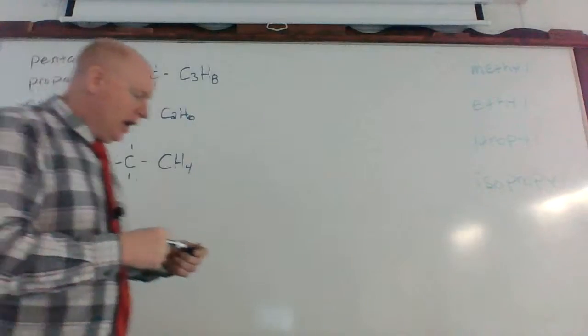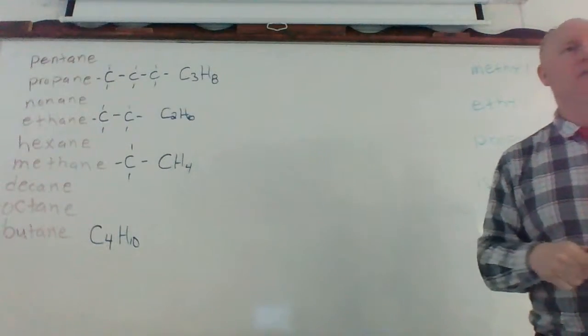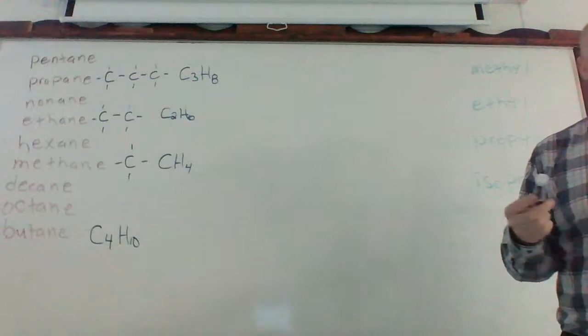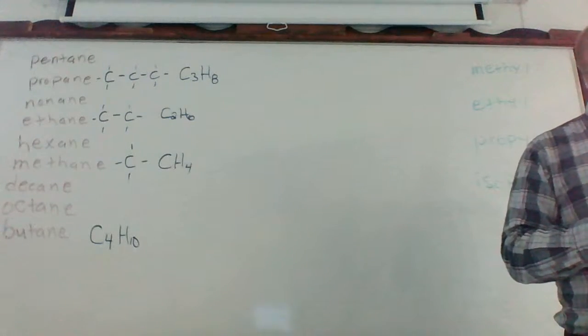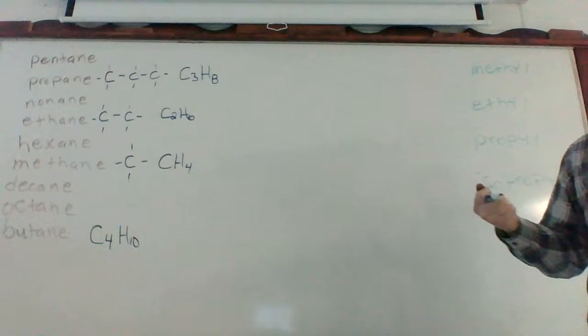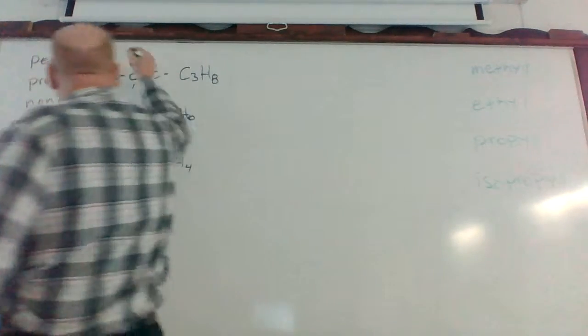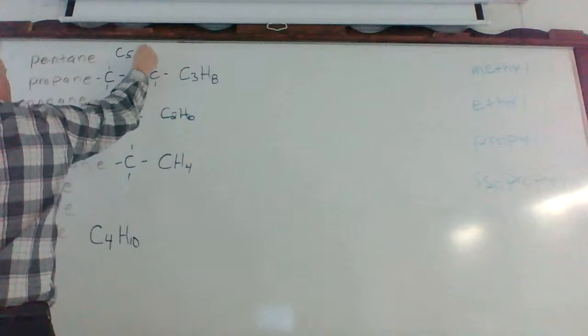Now, if you're not writing these down, that's fine. Some of you probably either remember this from physical science or can just look at this and probably already know what it is we're dealing with. But if you're writing it down, that's fine as well. Okay, after butane. After pentane.